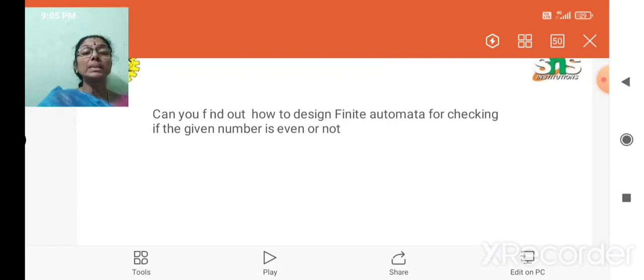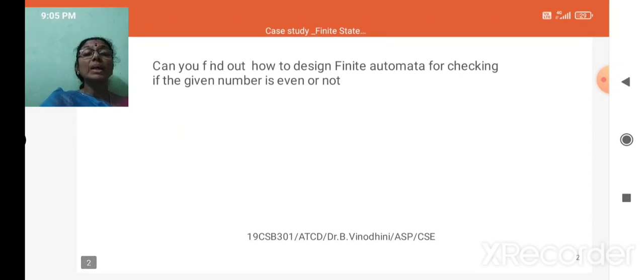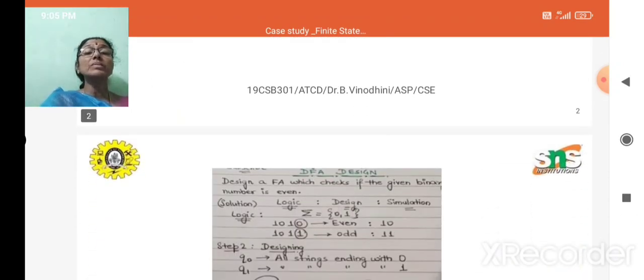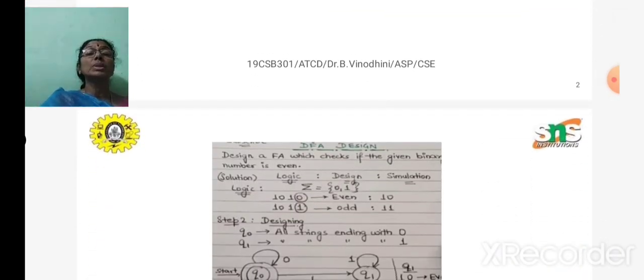First we have to find the logic of what is an even and odd number. You should know the logic behind this. The first step is the logic, the second step is to design an automata, and finally simulate the automata with the given input symbols.